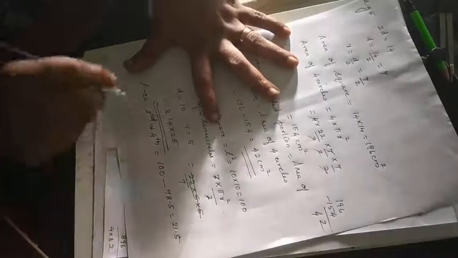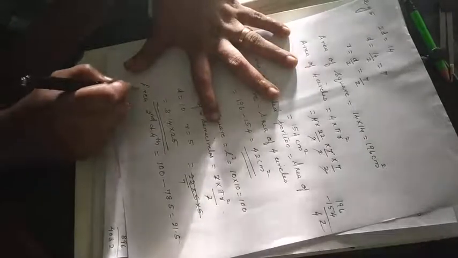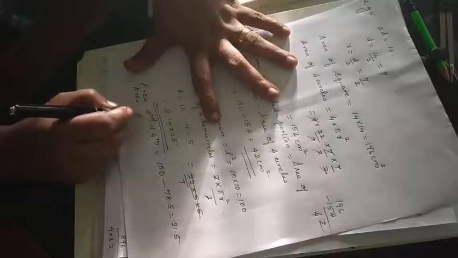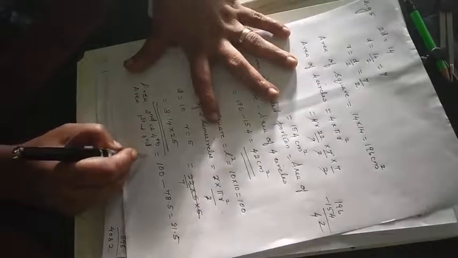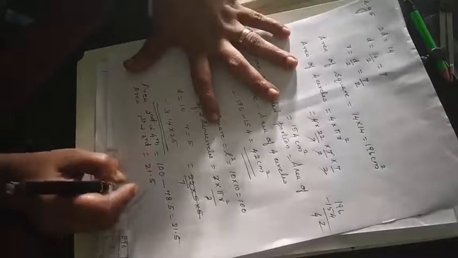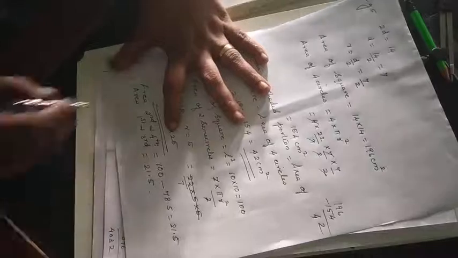Now it is 2 times it will come, why? It is the same as first and third also, so the area of first and third also will be 21.5, okay. Now what will be the area of the shaded portion?